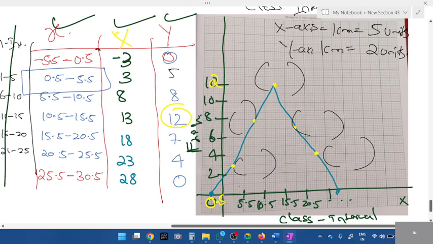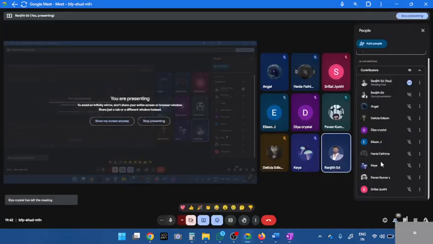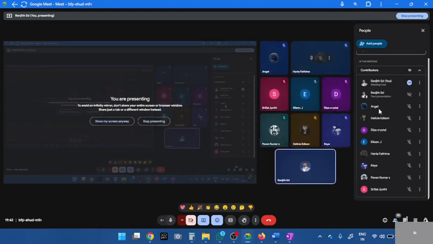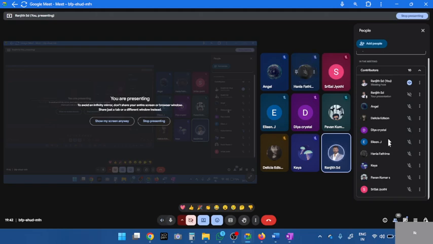Anya, did you understand? Delicia, Anya, Dia, are you doing this graph? Plotting the graph? You're plotting the graph, right? Okay. Because apart from you all, others are able to do their solving. Angel is able to do.